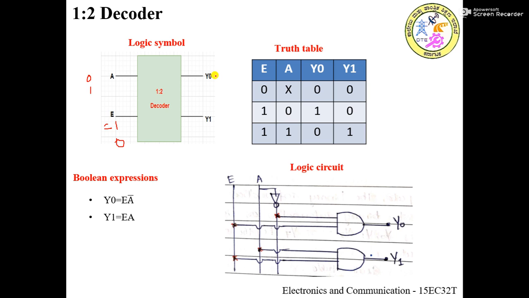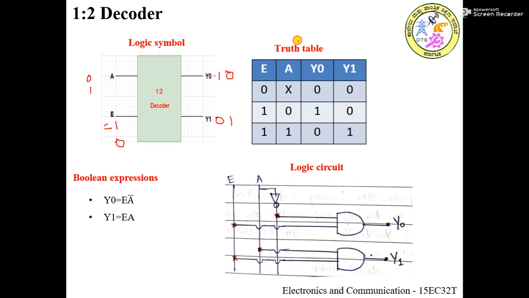So Y0 will be 1 and Y1 will be 0. If A is equal to 1, then the second line Y1 is activated, meaning whichever line is activated becomes 1, and whichever line is not activated will be 0.